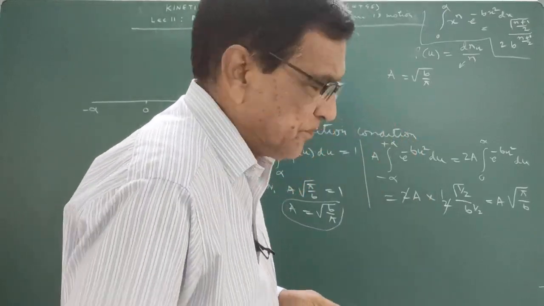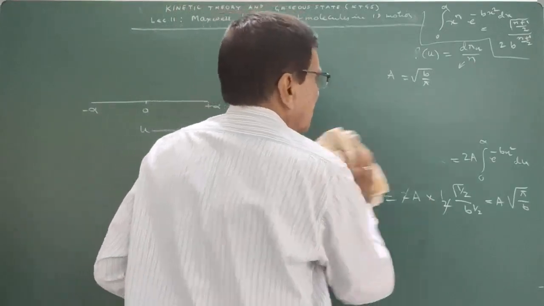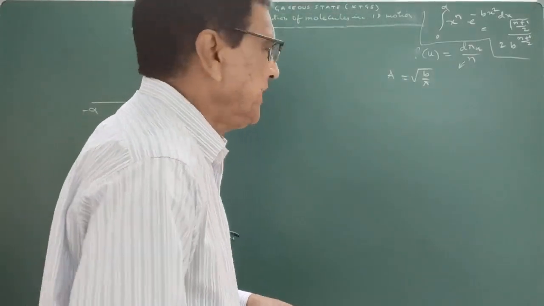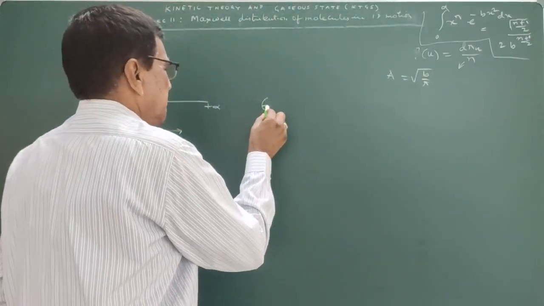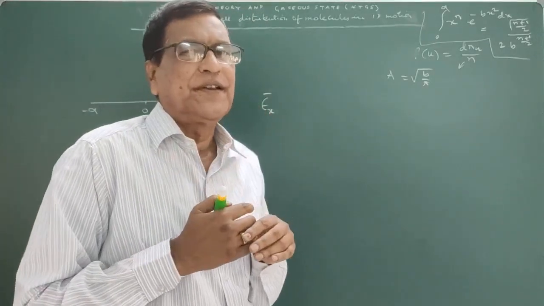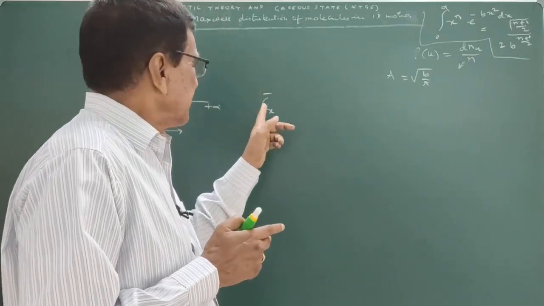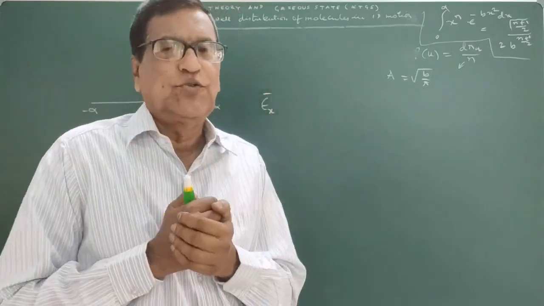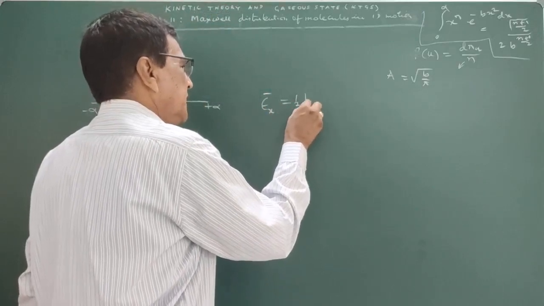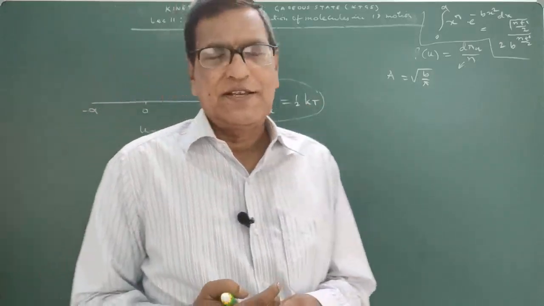In kinetic theory of gas, this epsilon x bar means the average x component kinetic energy of a molecule, which is equal to half kT, and this is obtained from the kinetic theory of gas.